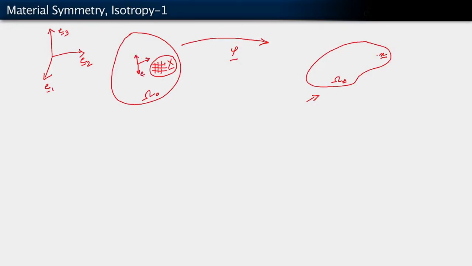So this too is E1, E2, E3. Right? I've just drawn them on the material. Okay? And now I'm going to give that reference configuration a rigid motion. The reference configuration gets a rigid motion now. Okay? All right. So I want to first do this.